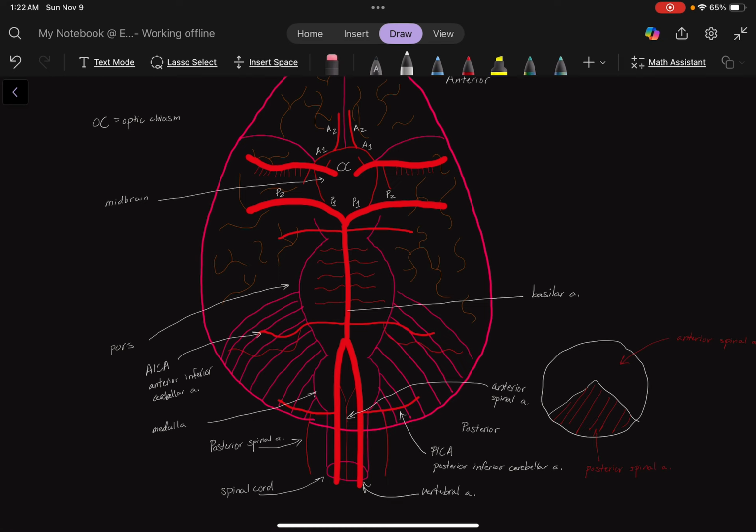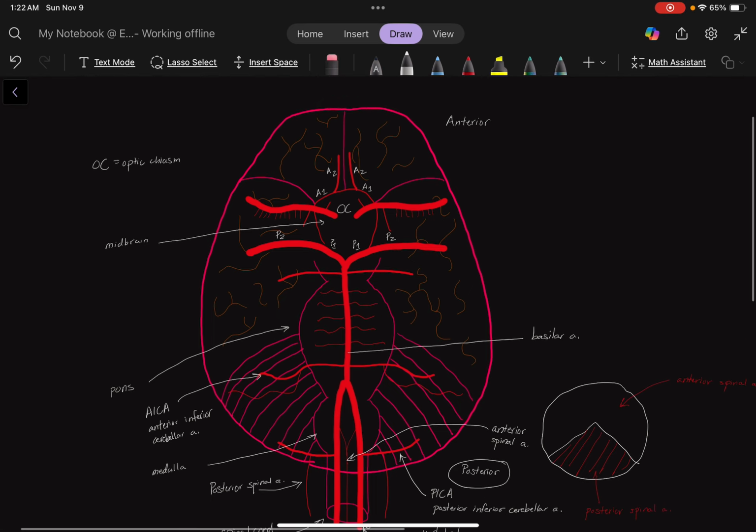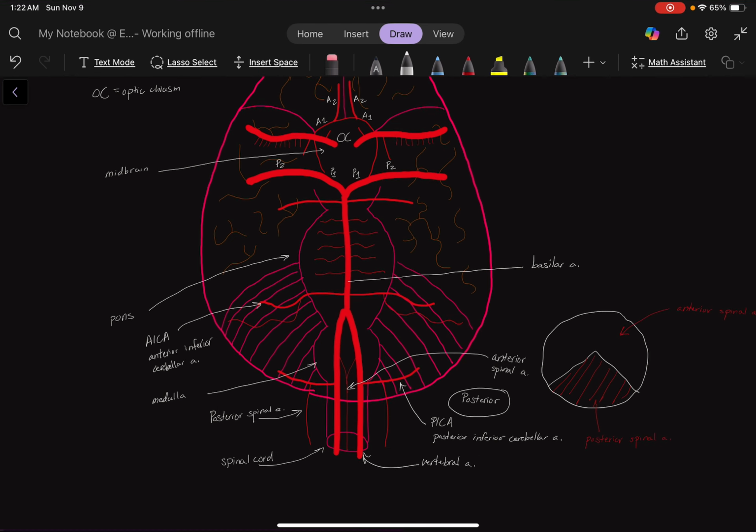The posterior inferior cerebellar artery, I mentioned that this part of the brain is posterior, okay? And this part of the brain is anterior. So when you're more posterior, it's going to be called posterior inferior cerebellar artery. And when you're more anterior, it's going to be called anterior inferior cerebellar artery. Okay?